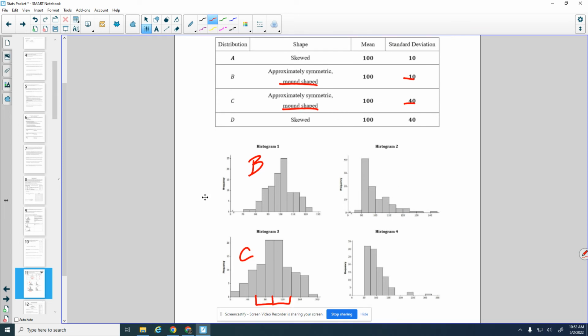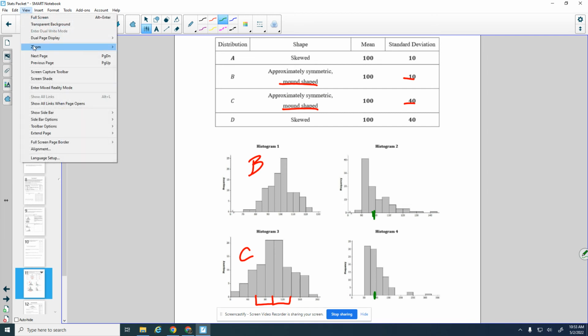If I look here, we said the mean is 100 for both of these graphs. Okay. So based on the numbers on the bottom of this one, we'll go back to our zoom.